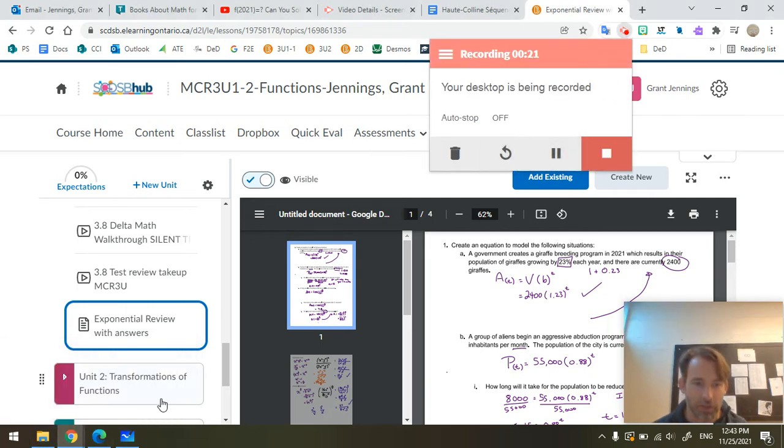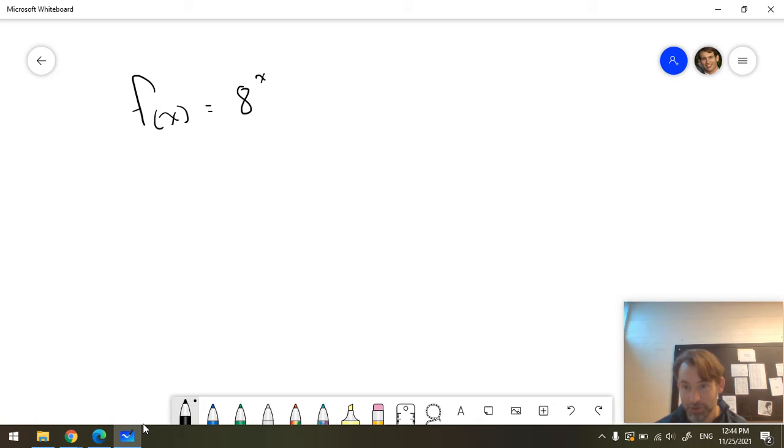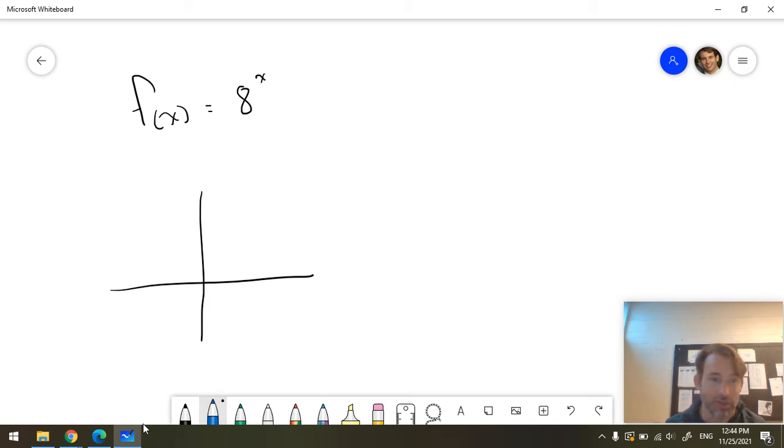So we've been asked to create functions that are equivalent to this function here, f of x is equal to 8 raised to the power x. First, let's get a good visualization of what it looks like. The x-axis will be its asymptote, and it's going to be really, really tiny over here.